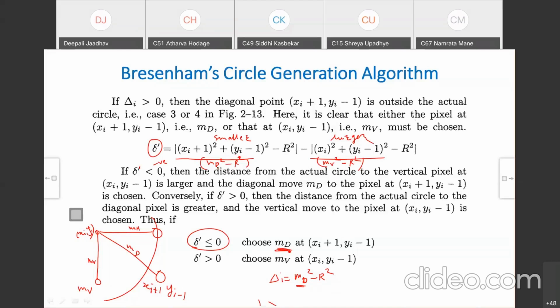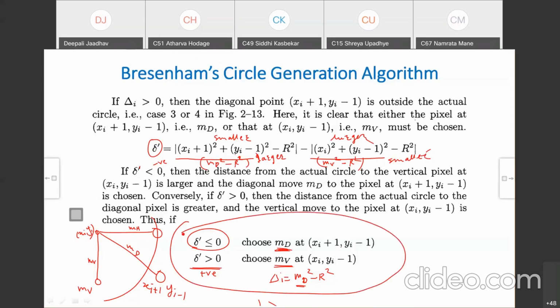And if this is greater than 0, if it is positive, then it is larger, and this is smaller. So it is smaller means what we select here? MV is selected. And that is written here. So we have actually seen 4 cases.